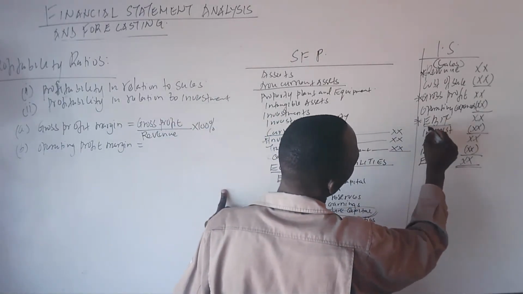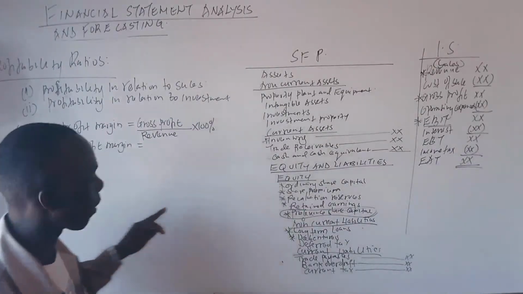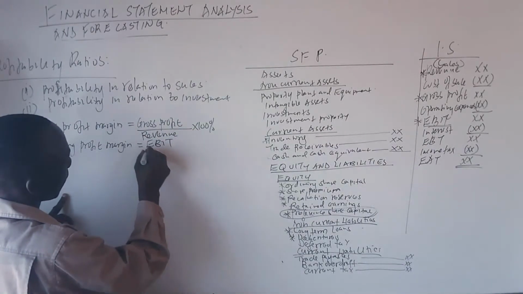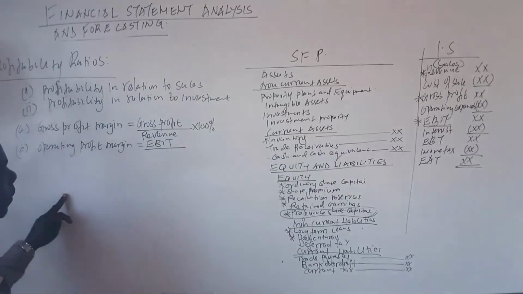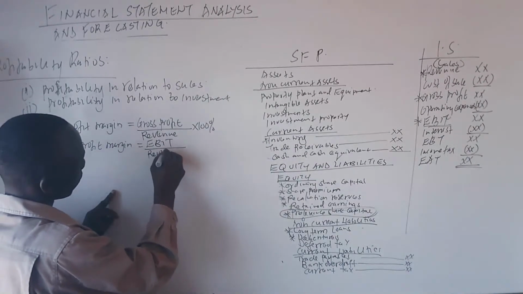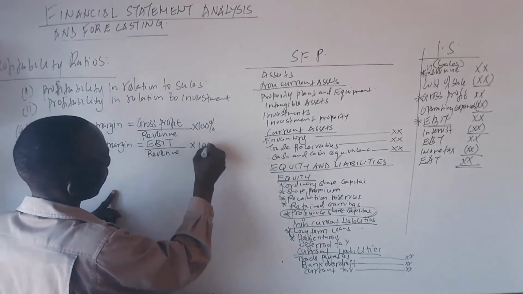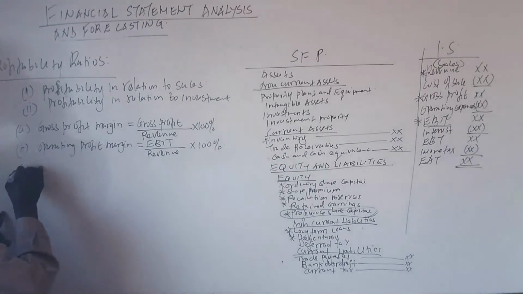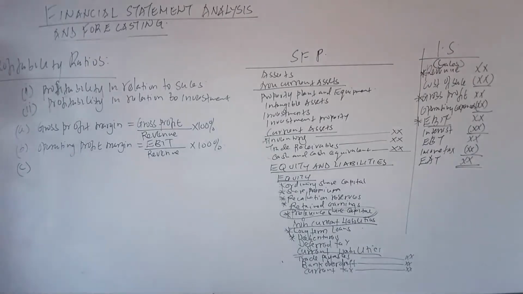Remember, earnings before interest and tax is our operating profit. Then we divide by sales or revenue. Then we multiply by 100%.